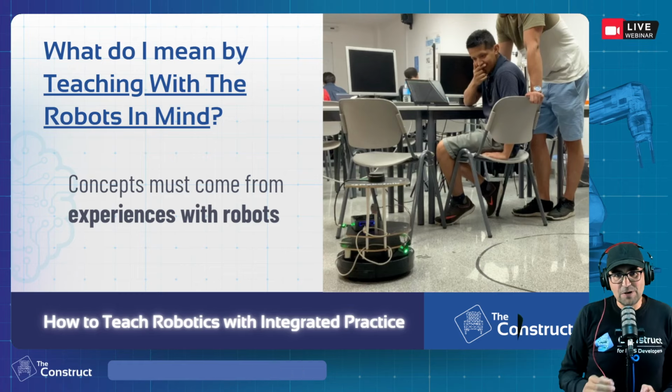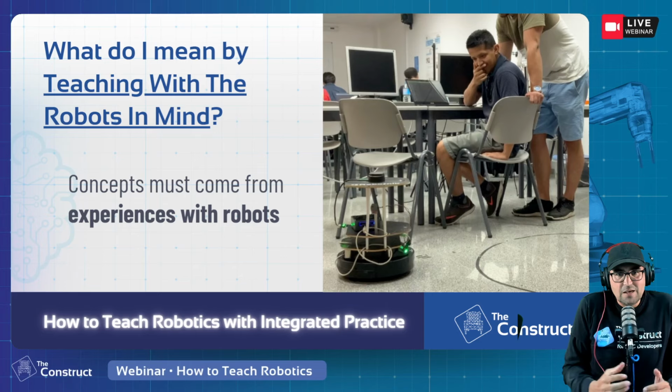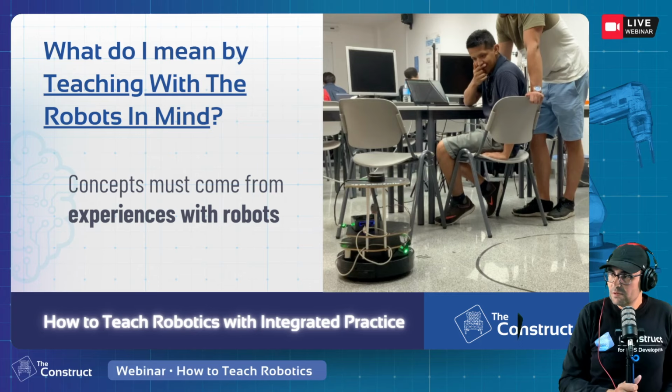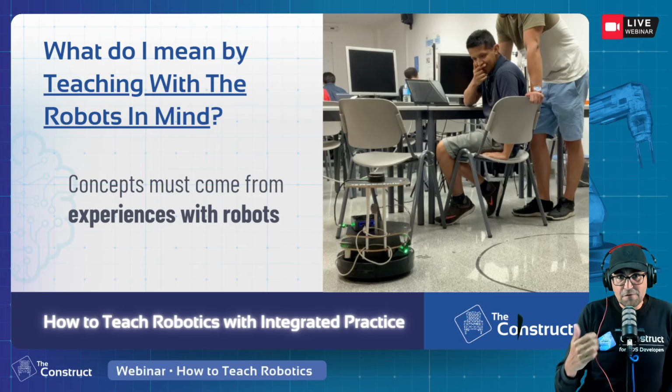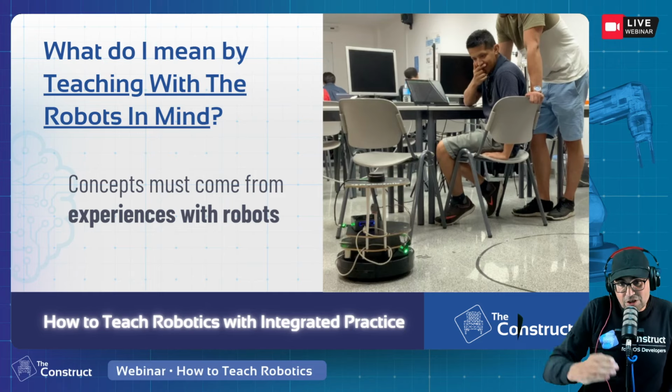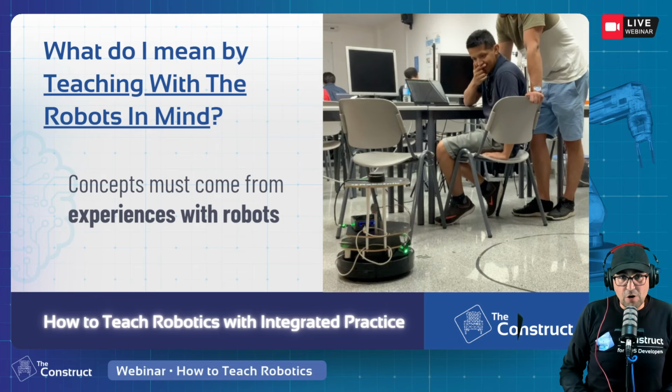The pioneers that were working on that were not thinking, oh, let me see about coordinate transformations. No, they had a problem with the robots, and then they figured out the other way around that they needed this mathematical concept of coordinate transformations, for example.